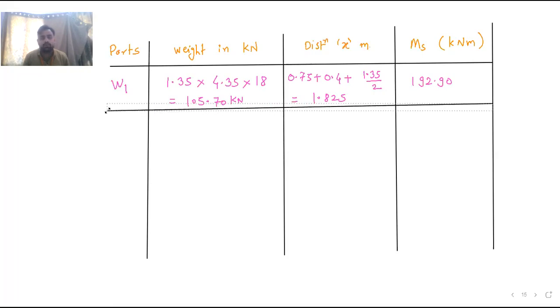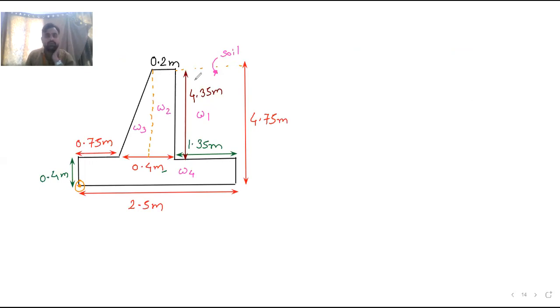I hope now you understood what we need to do. So here we'll go for W2 now. W2 is equal to, see where is the W2? This is the W2 here at this point. This is again a rectangle. So this dimension is 0.2 and this total dimension is 4.35.